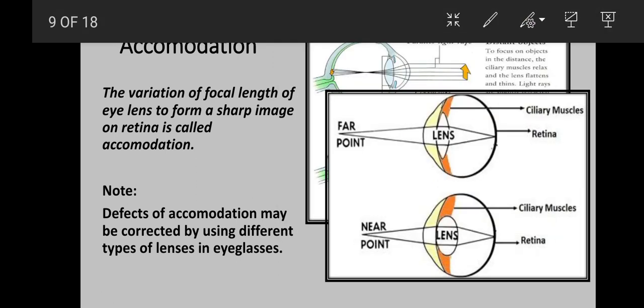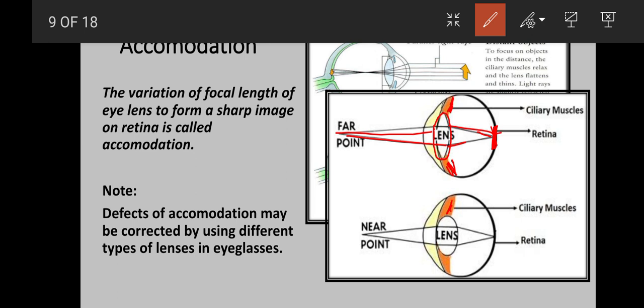Here you can see that the lens is controlled by the ciliary muscles. Here is the retina where the image is formed. This is the far point from where the light rays are coming, and to see the distant objects clearly, the image must be formed on the retina.